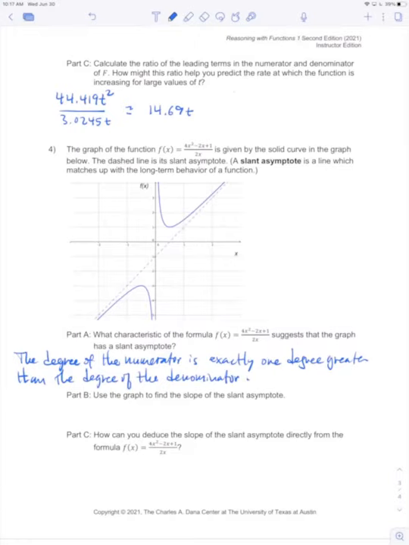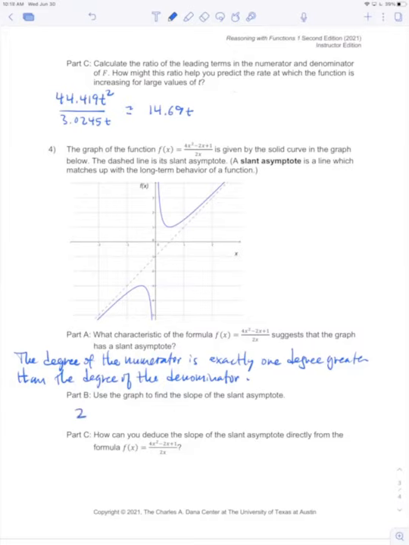So the degree of the numerator is exactly 1 degree greater than the degree of the denominator. Part B, use the graph to find the slope of the slant asymptote. The slope of the slant asymptote will be 2.